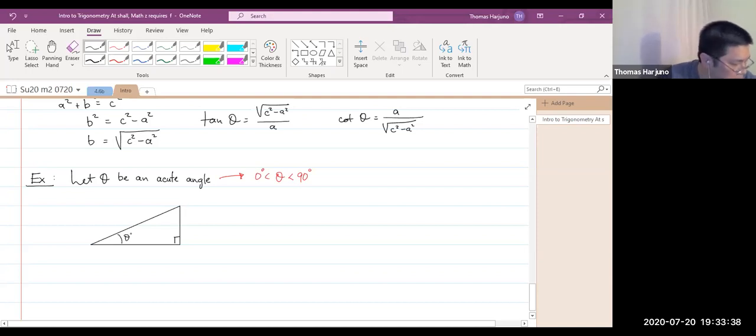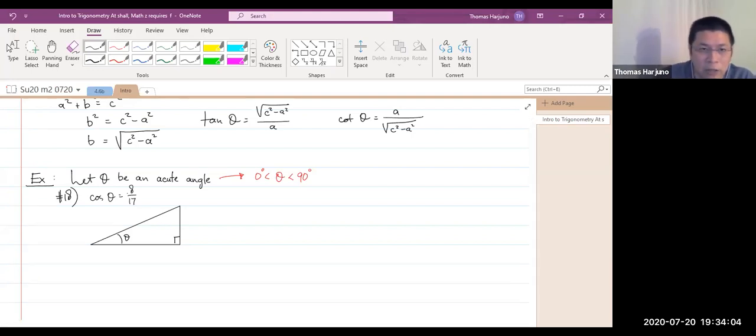For example, number 18, they tell us that cosine theta is 8 over 17.